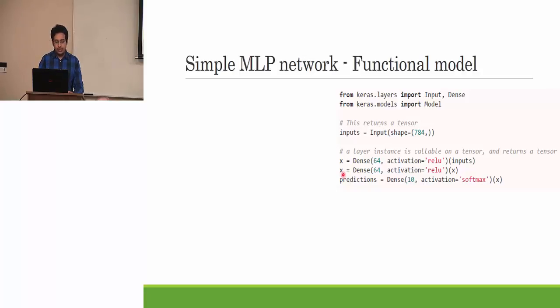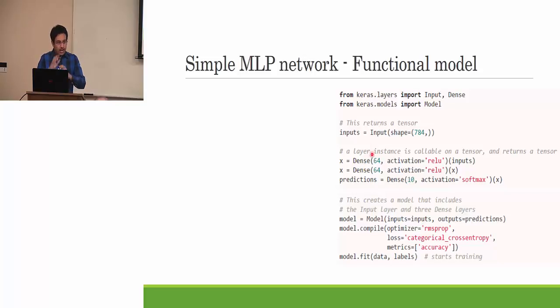And you keep on doing the same thing for however long you want, depending on your architecture. So this X is again passed here and passed to this dense. So we decided to stop here, so we named it with a different variable name. We call it predictions here. And these are basically 3 different dense layers with 64 neurons, and 10 neurons here.